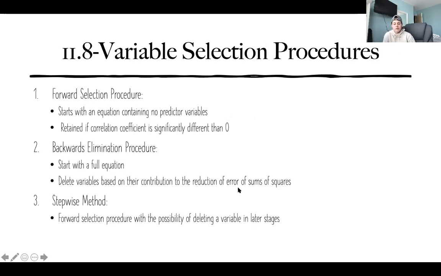Great, so section 11.8, we're going to talk all about variable selection procedures. This discusses cases when there are a large number of potential predictor variables, and variables are either introduced or deleted one at a time. So when we have q equations, these procedures will involve the evaluation of at most q plus 1 equations.